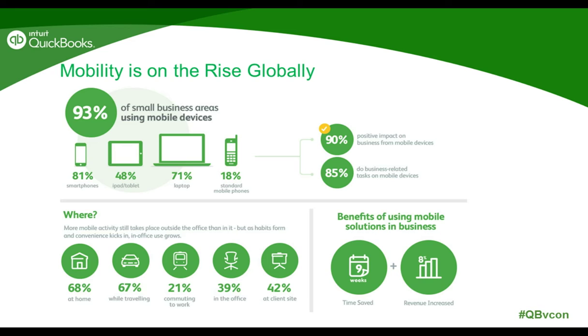So pretty nice that we have these trends, and it gives us the ability to go ahead and expand our practice here. So mobility is on the rise globally, and this is a study that Intuit had commissioned. 93% of small businesses are using mobile devices. So you look at the stats up here, 81% smartphones, 48% tablets, 71% an actual computer, and then only 18% have the landlines anymore.